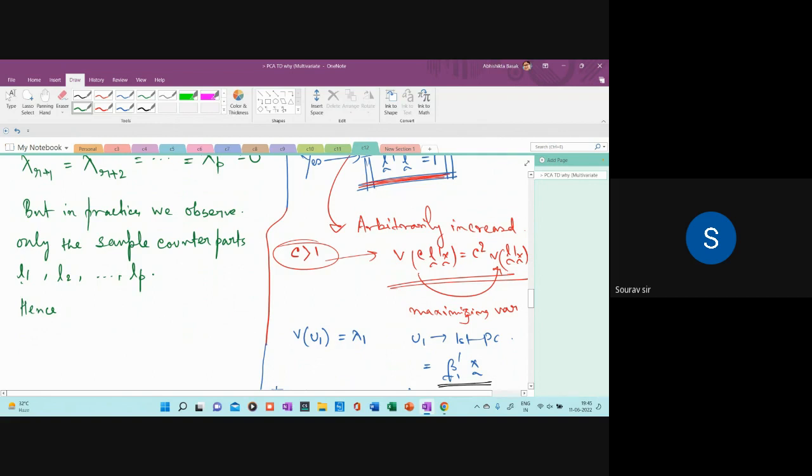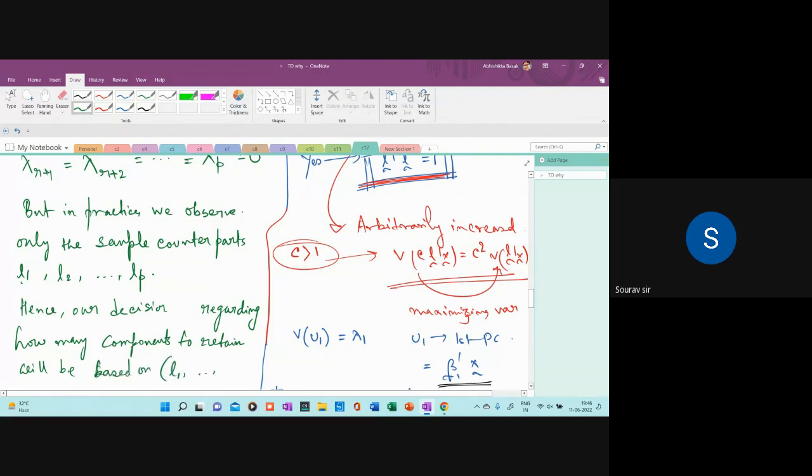Hence, our decision regarding how many components to retain will be based on this L1, L2, ..., Lp.